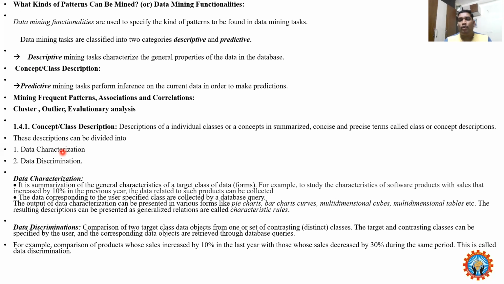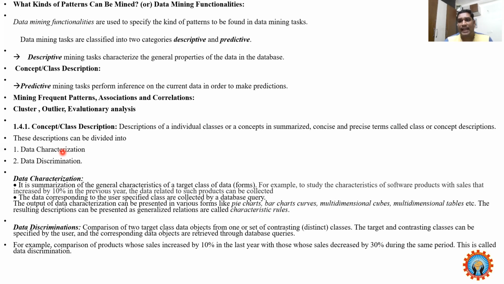Now if I say annual sales of a particular company in an academic year, there are 4 quarters: from January to March one quarter, April to June another quarter, July to September another quarter, and October to December the last quarter. For every academic year there are 4 quarters.